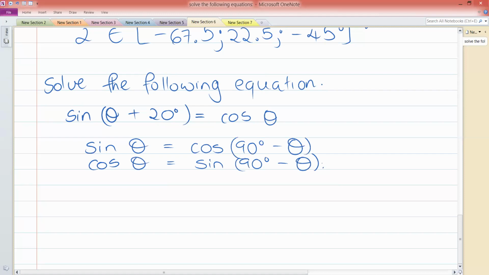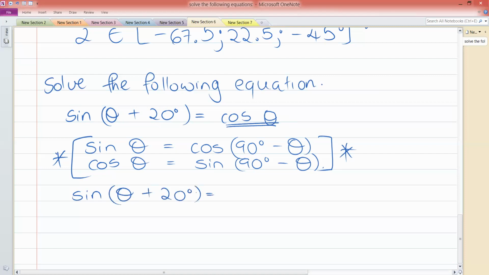So the idea is I want to get either all cosines or all sines. You don't need to show this, by the way, this is just something I was illustrating for you. What I'm going to do is change this cos here. So sine of theta plus 20 degrees is equal to cos theta, which becomes sine of 90 degrees minus theta.